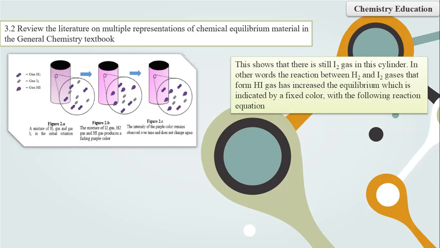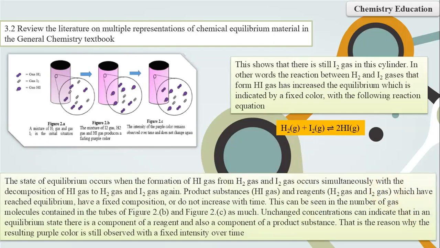With the following reaction equation, hydrogen gas reacts with iodine gas to produce hydrogen iodide in equilibrium. The state of equilibrium occurs when the formation of hydrogen iodide gas from hydrogen gas and iodine gas occurs simultaneously with the decomposition of hydrogen iodide gas to hydrogen gas and iodine gas again.